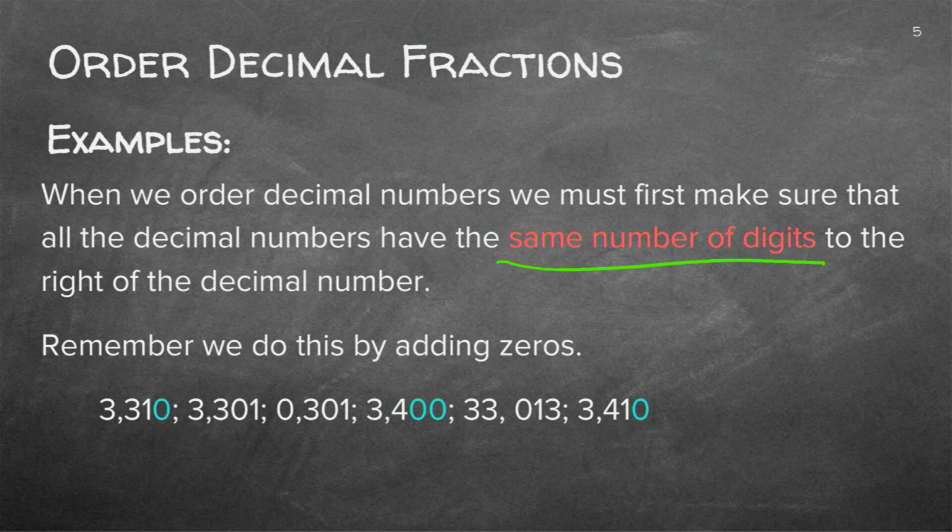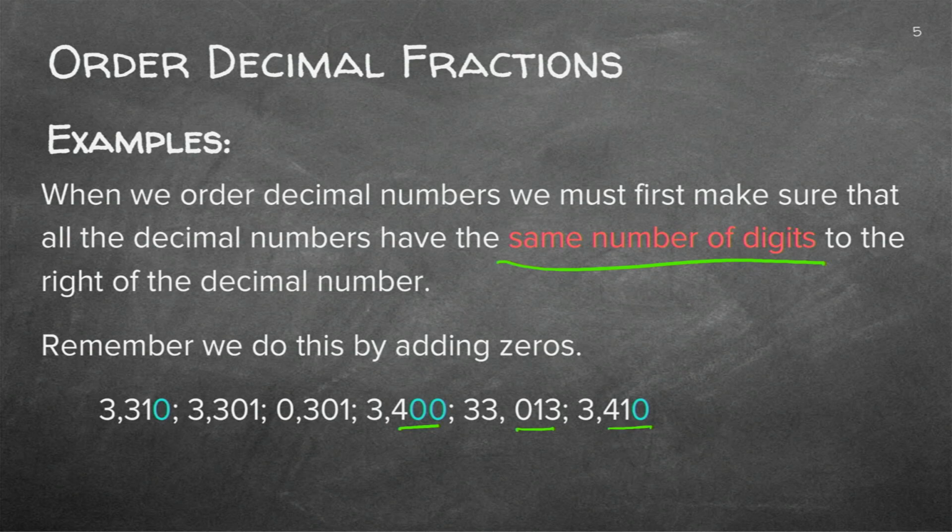So now we can just add zeros, remember? So there's a 3,31 and we add a 0. Then there's a 3,301. Then there's a 0,301, which is 3 digits. Then we got 3,4 and we add 2 zeros to make it 3 digits. We've got a 33,013, there's 3 digits. And we've got a 3,41 and we add a 0 to make it 3 digits.